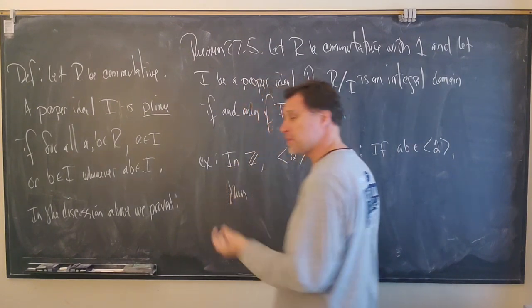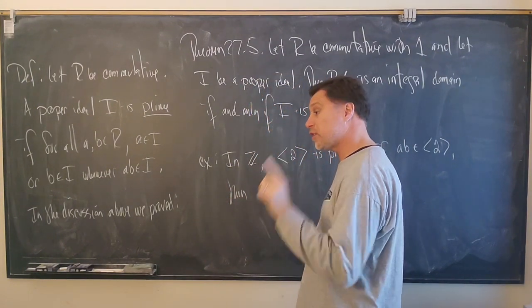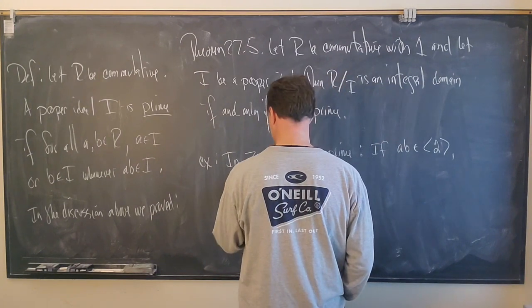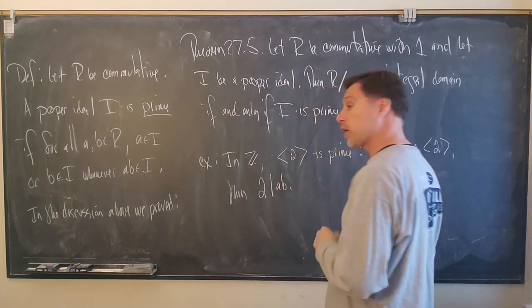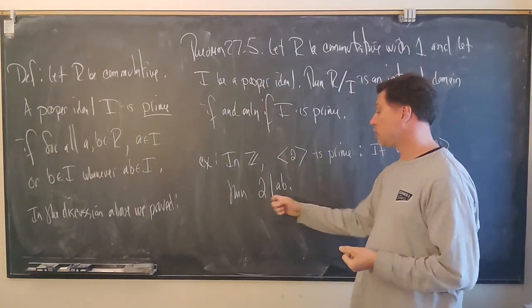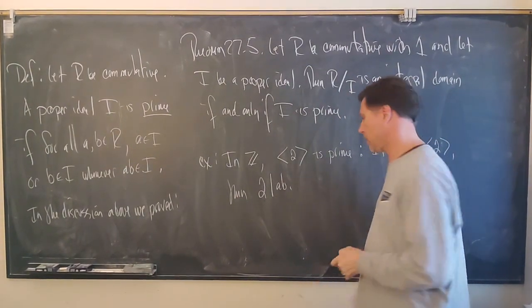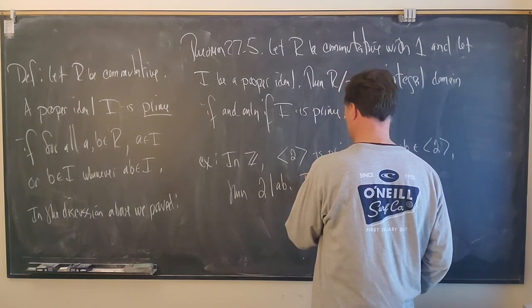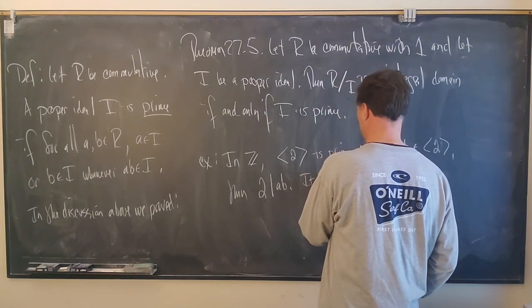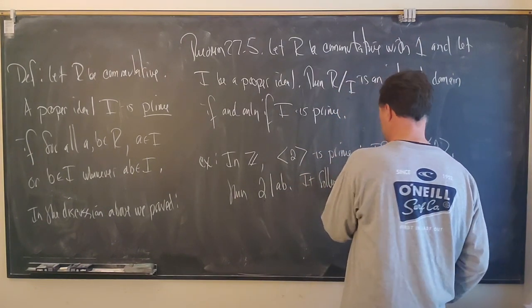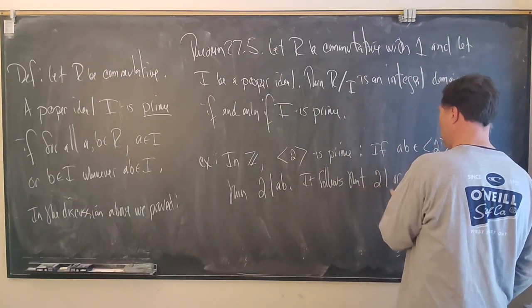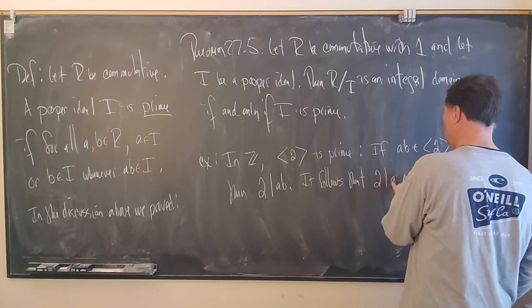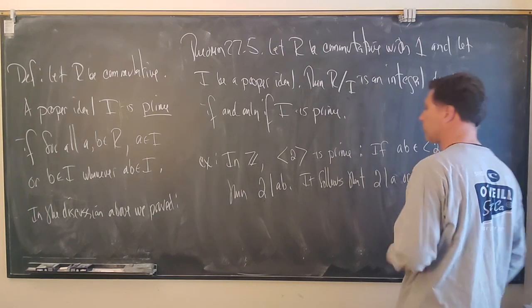That means that a times b is a multiple of 2, which means that 2 divides a times b. But according to Euclid's lemma, that means that 2 divides a or 2 divides b. So it follows, right? 2 is prime, so it's got to divide one of those two. So 2 divides a or 2 divides b.